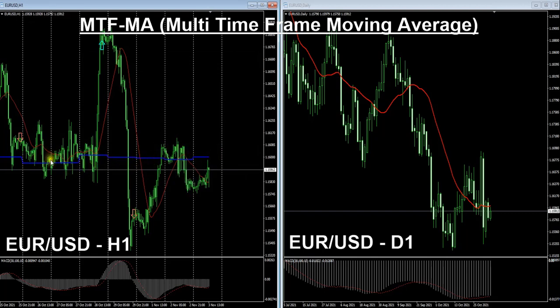This blue line here doesn't look anything like the red line, the proper simple moving average, and it doesn't look like anything like the simple moving average on the daily chart either. But if we zoom in and analyze it just for a moment, you'll see that although it doesn't look the same, it's telling the same story. And I'm going to explain why.